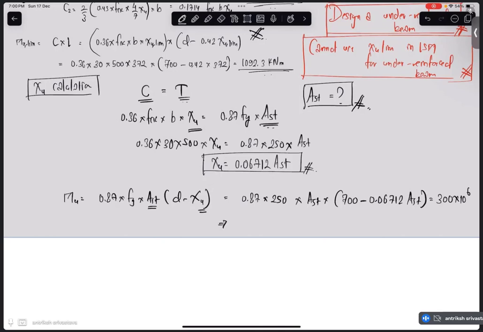So let us simplify some of the things. 0.87 into 250 is going to be 217.5. That into 700 is going to be 152250 AST, minus 217.5 into 0.06712.